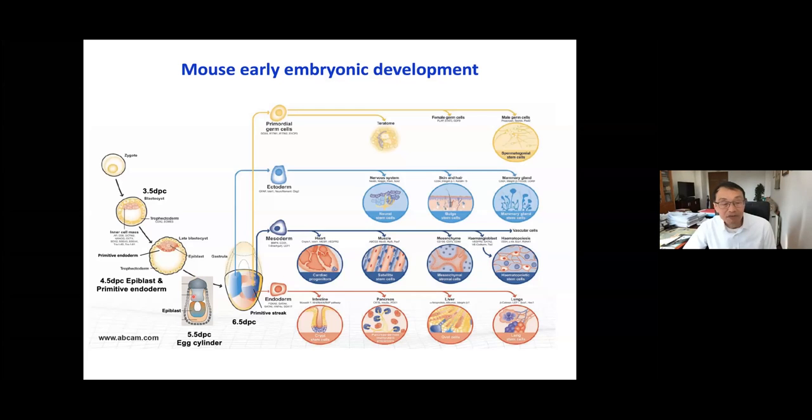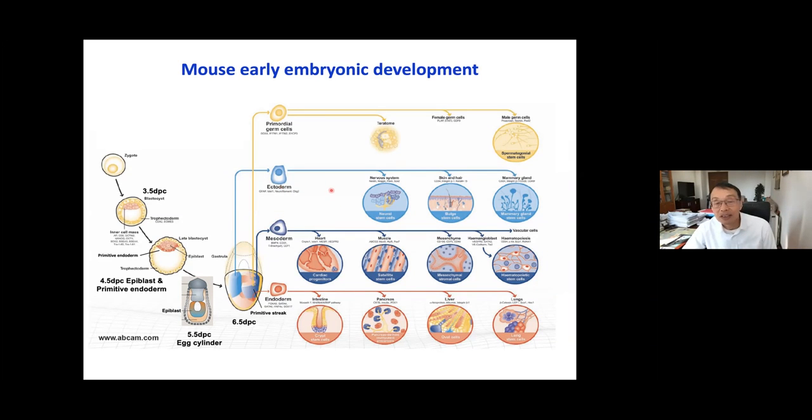By embryonic day 5.5, they form the egg cylinder shape and the proximal and distal axis starts. And by embryonic day 6.5, in the posterior region of the embryo, they form a structure called the primitive streak. So then gastrulation has started. By about 1 day later, at embryonic day 7.5, they form 3 germ layers: ectoderm, mesoderm, and endoderm.